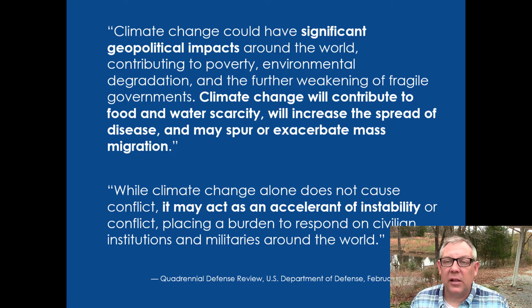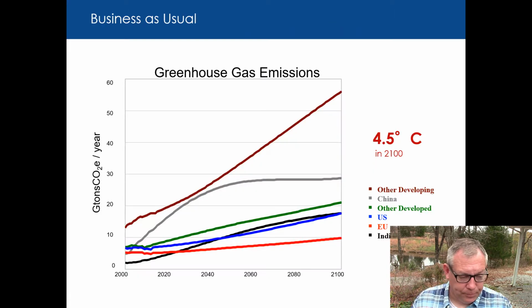It can act as an accelerant of instability. So this is the Department of Defense trying to predict where the next war is going to be and what it's going to be over. And so, again, we're back to these models of what's going to happen. And this is looking at the predicted release of greenhouse gases by different countries.